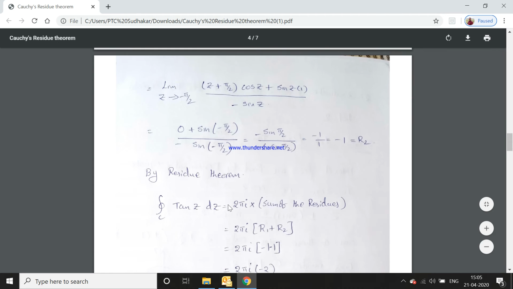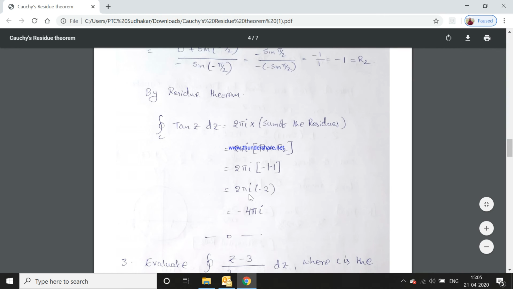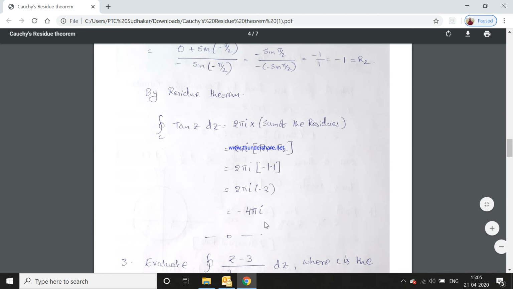Next, by the residue theorem, the integral over C of tan z dz equals 2 pi i times the sum of the residues, 2 pi i into (R1 plus R2), that is 2 pi i into (minus 1 minus 1), which is minus 2. So the answer is 2 pi i into minus 2, that is minus 4 pi i.